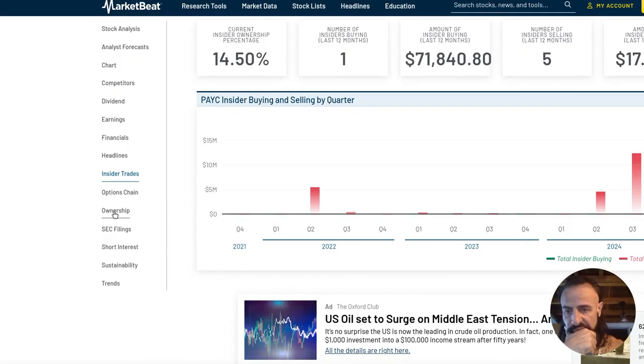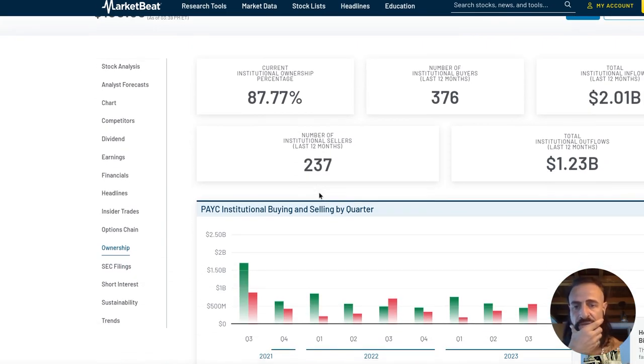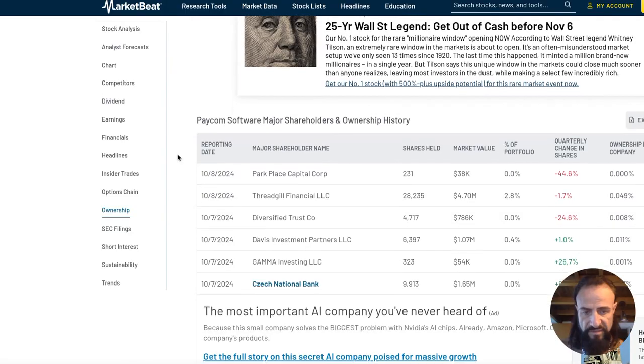The ownership, see who owns this one. About 88% owned by institutions. They've been buying up until the second quarter of 2024. So they're net buyers of this stock.